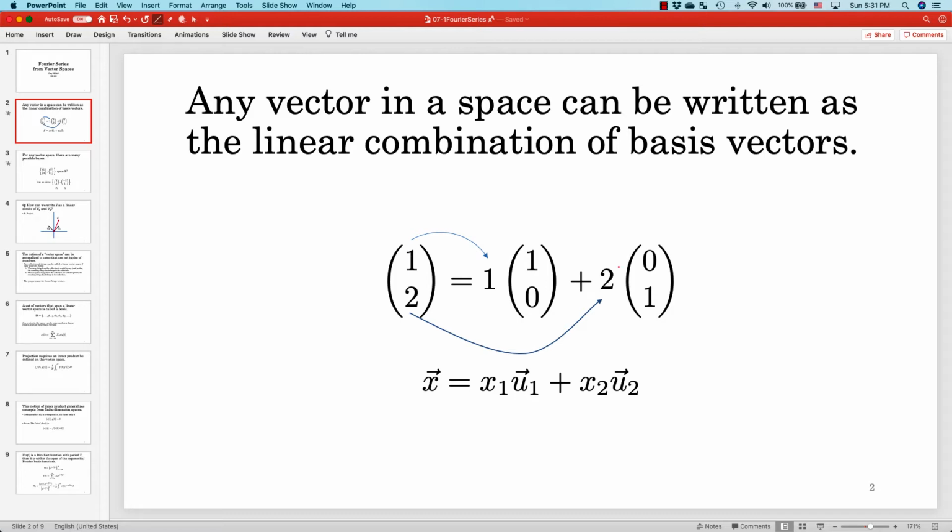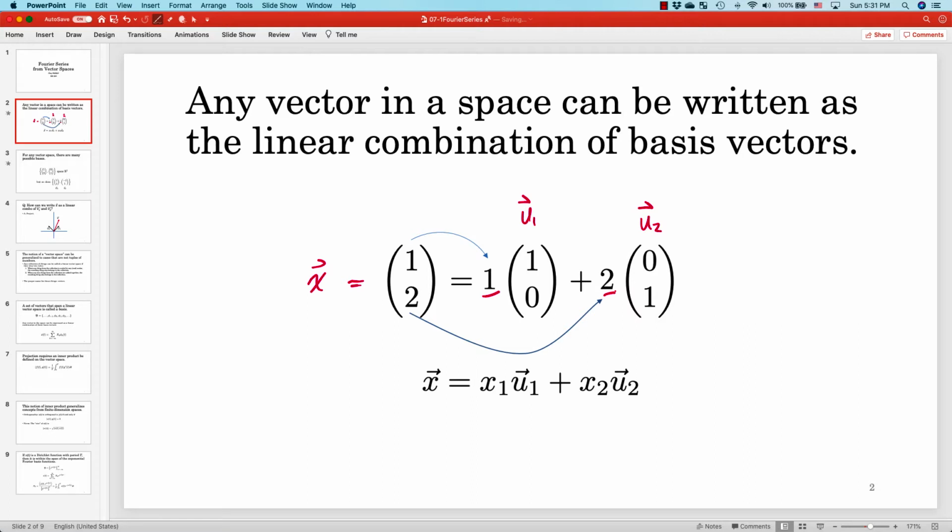So on this slide, I just want to remind you that we can talk about the vector x, maybe as the ordered pair 1, 2. And if you want to write x as the sum of two what we call unit vectors or basis vectors, maybe u1 and u2, then the default way to think about this is the first element of the x vector is the multiplier on the first unit basis vector, and the second element in the x vector is the multiplier or scalar on the second unit basis vector.